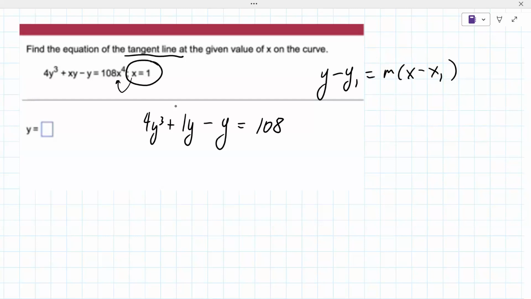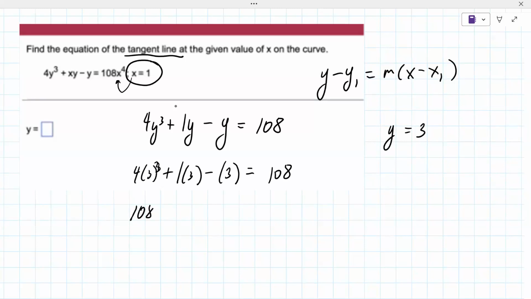And I have no idea how you are supposed to solve this. The thing that comes to mind is that you would try some y values. If you tried y equal to 3, you would find that it worked. I don't know how you as the student are supposed to be able to do this, but 3 cubed is 27. 27 times 4 is 108.